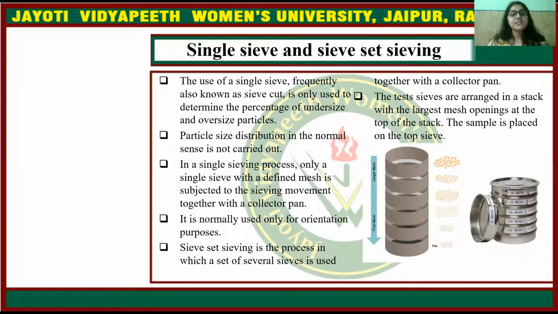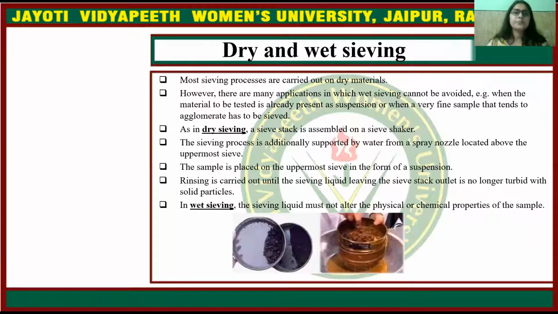Sieve set sieving is the process in which a set of several sieves is used together with a collector pan. The test sieves are arranged in a stack with the largest mesh opening at the top, and the sample is placed on the top sieve.